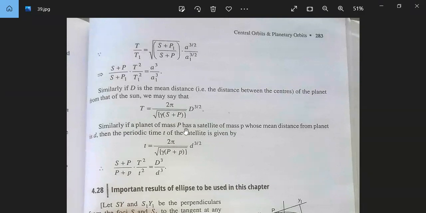Similarly, if a planet of mass P has a satellite of mass small p, यानी कि planet का भी एक satellite है, whose mean distance from planet is small d, then the periodic time small t of the satellite is given by small t equal to 2 pi by under root gamma (capital P plus small p) into d to the power 3 by 2. यहाँ सैटेलाइट प्लेनेट के चारों ओर मूव कर रहा है और इधर प्लेनेट मूव कर रहा है सन के साथ। Therefore, (capital S plus P) divided by (capital P plus small p), capital T square by small t square is equal to capital D cube by small d cube.